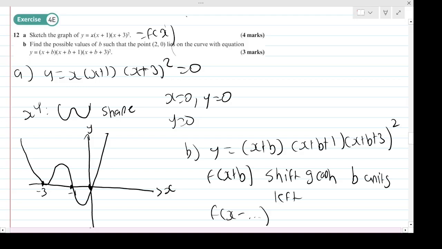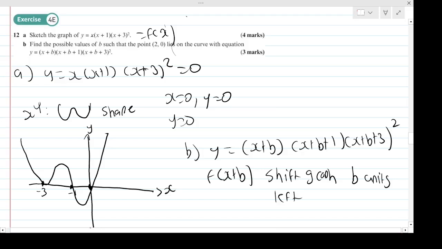So depending on the sign of b, if b is positive, it's going to go to the left because I have x plus a positive number. But if b is negative, I'm going to have x minus a number instead, so that's going to do the opposite. Instead of going to the left, it's going to go to the right. So what I can do here is basically shift the graph to the left or right.